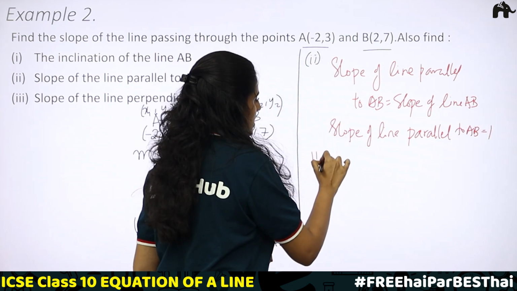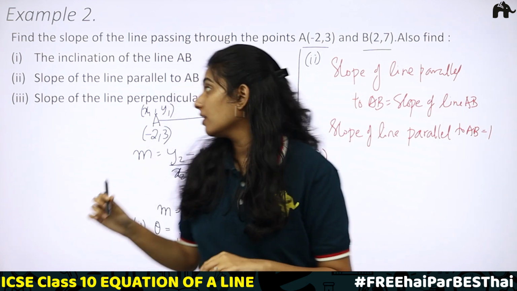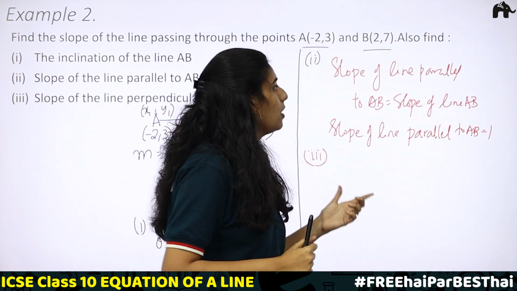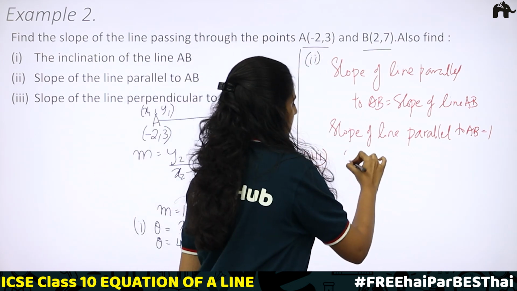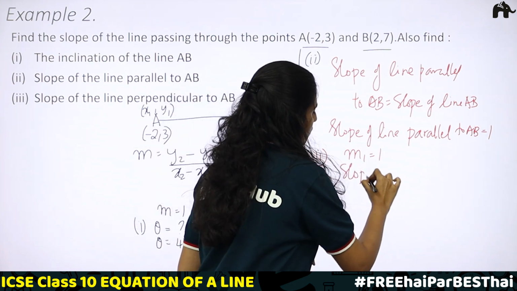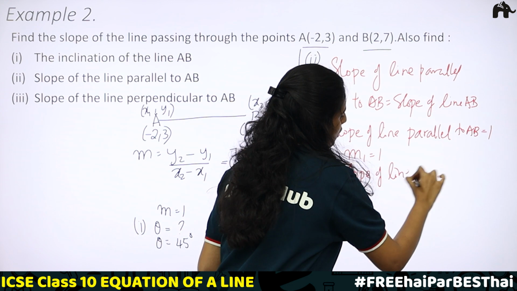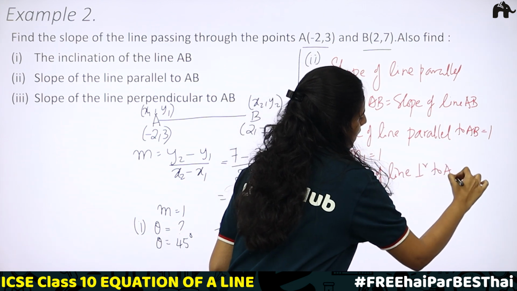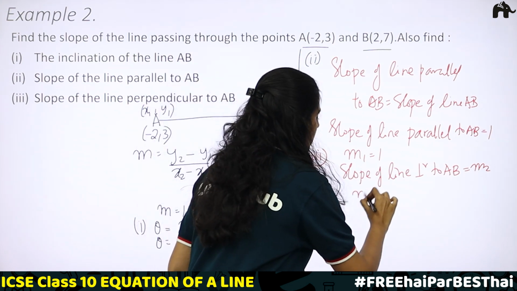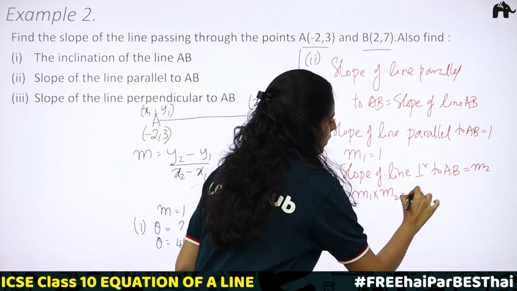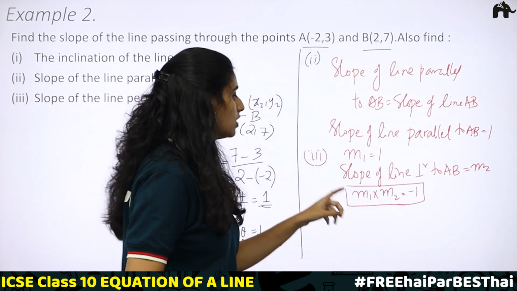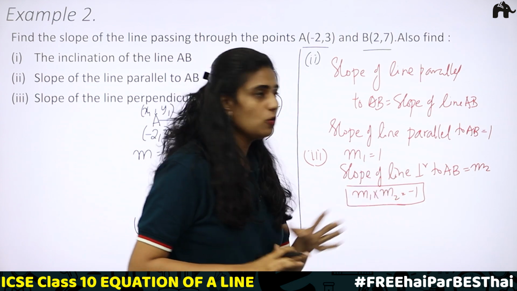Now the third question. Slope of a line perpendicular to AB. Let us take the slope of line AB as m1. m1 is equal to 1. And the slope of line perpendicular to AB is taken as m2. We have m1 into m2 is equal to minus 1. If two lines are perpendicular, then the product of the slopes will be equal to minus 1.